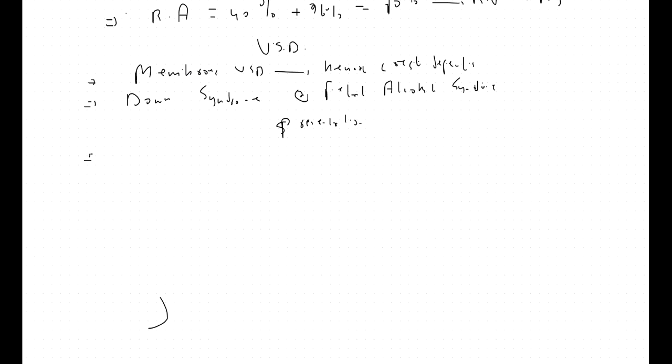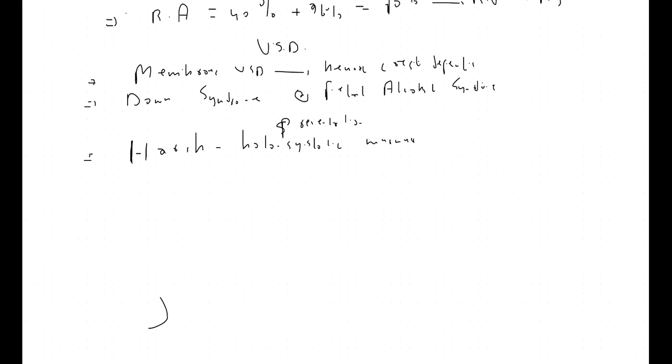What type of murmur will I hear in VSD? Holosystolic, harsh holosystolic murmur, best heard at the tricuspid area. Okay, so that will be your VSD presentation.